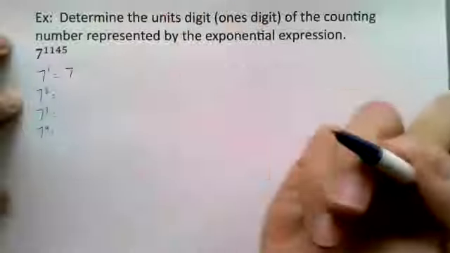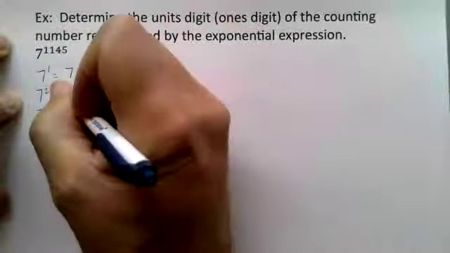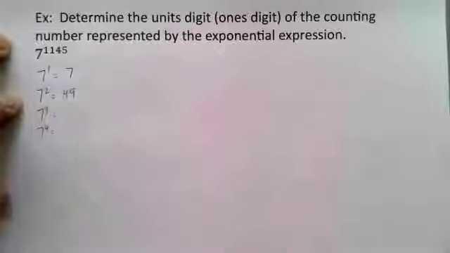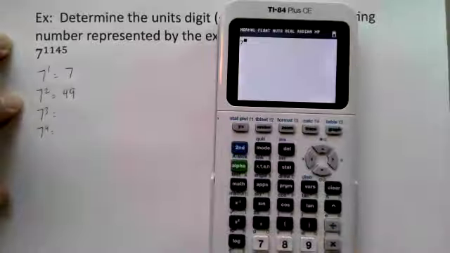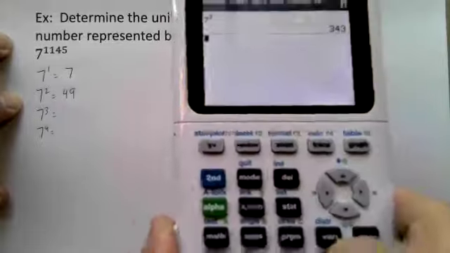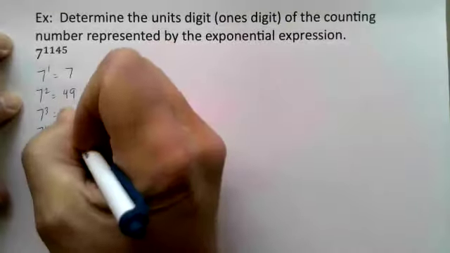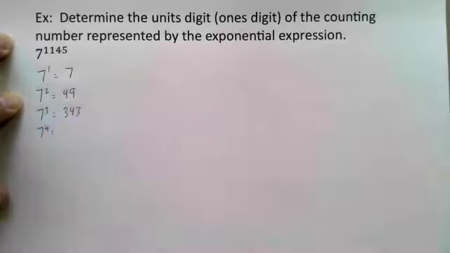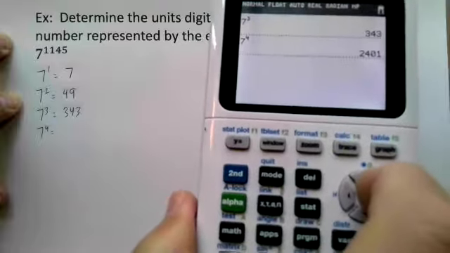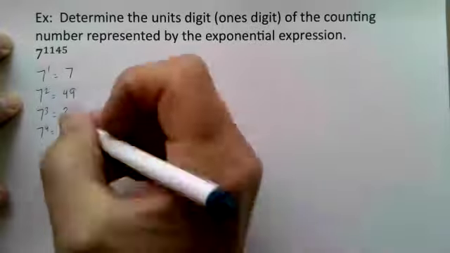Well, 7 to the first power, of course, is 7. 7 to the second power, that means 7 times 7, that's 49. 7 to the third power means 7 times 7 times 7, that's 343. 7 to the fourth power is 7 times 7 times 7 times 7, that's 2,401.